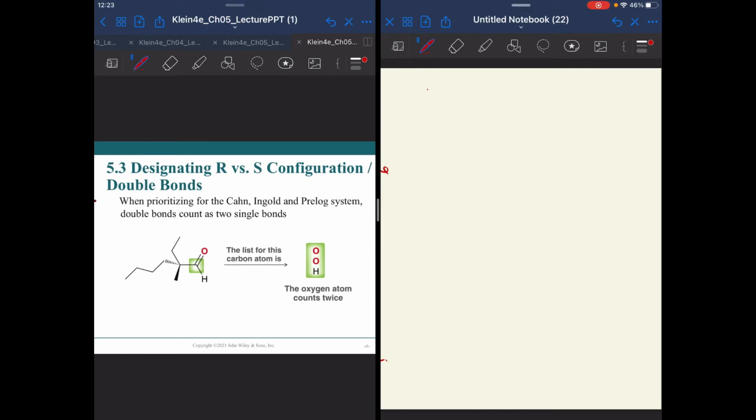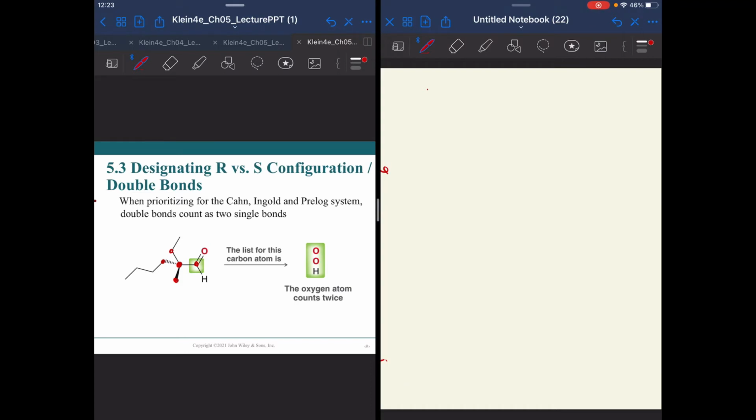What to do with double bonds or triple bonds. If this is our chiral center, right, we have a bunch of ties. We have a CH3, a CH2, a CH2. We have a carbon that is attached to oxygen and hydrogen.